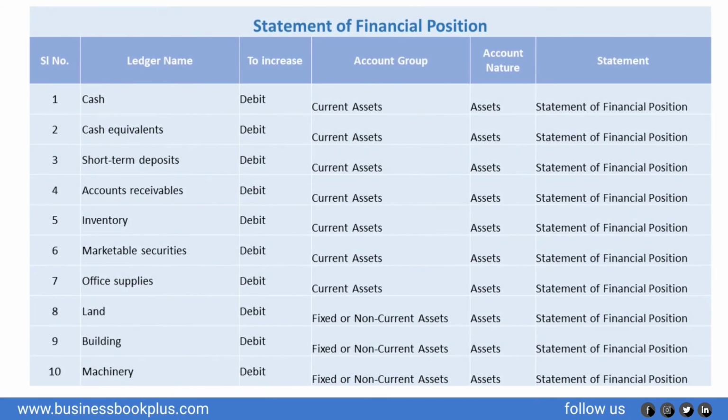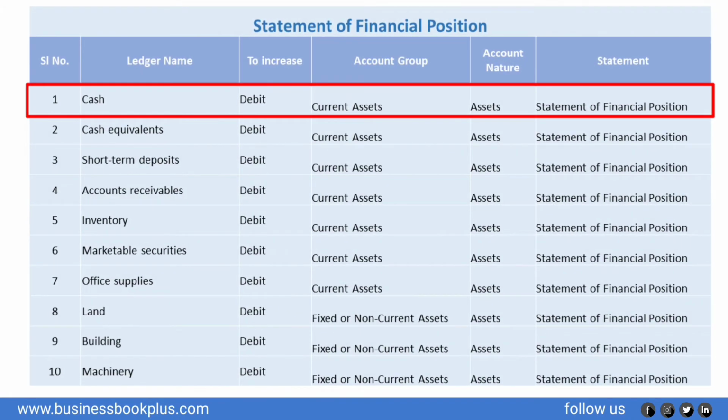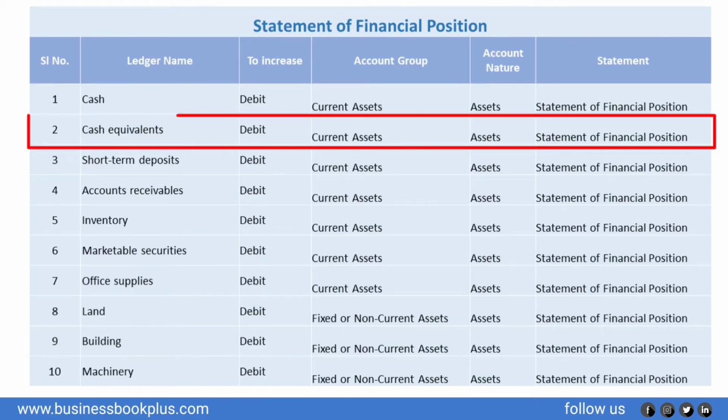Now let's see the chart of accounts for a statement of financial position. Cash increases when debited. Account group current assets, account nature assets, affects the statement of financial position. Cash equivalents increase when debited.